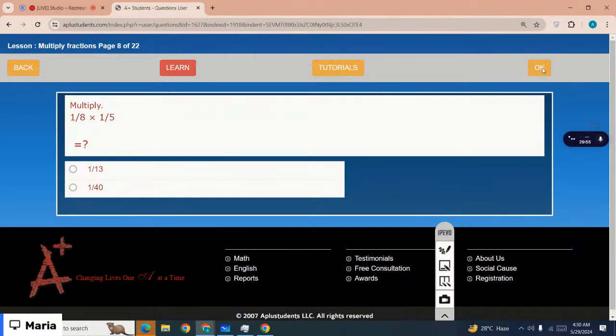One by 8 times 1 by 5. So which is the correct option? The correct option is 1 by 40.